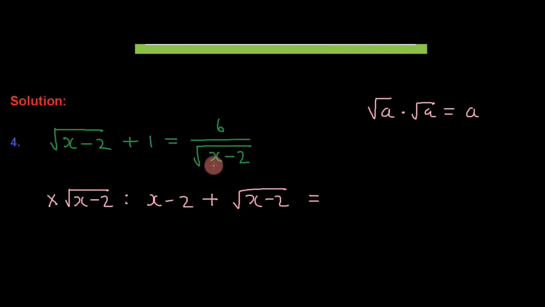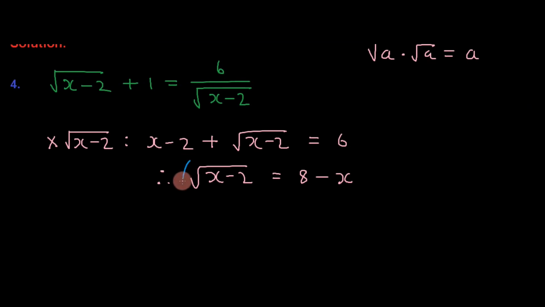On the right hand side, the square root will cancel out when we multiply by the LCD, and we're left with 6. We're going to take everything but the square root to the right hand side. So it's going to be 6 plus 2, which is 8. And then bringing the x to the right hand side, we're going to get negative x.